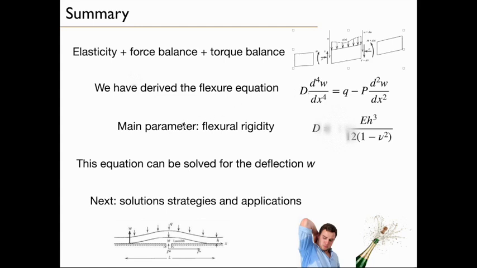The main parameter in this equation is flexural rigidity. And this equation altogether, since it's a fourth order differential equation, will need a certain number of boundary conditions, but by applying these boundary conditions, we'll be able to obtain values of W.